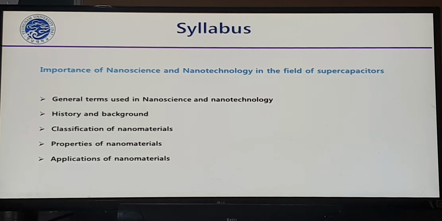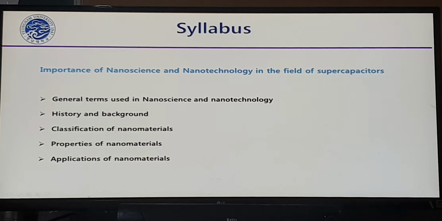Similarly, in the supercapacitor field, nanoscience and nanotechnology plays a vital and very important role. That's why before discussing supercapacitors, it is essential to know what nanoscience and nanotechnology are and how they play a major role in any kind of technology, including supercapacitors.